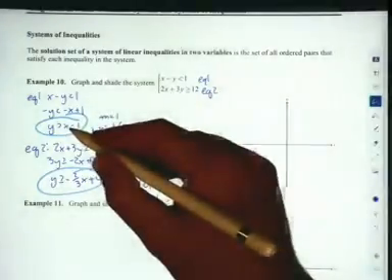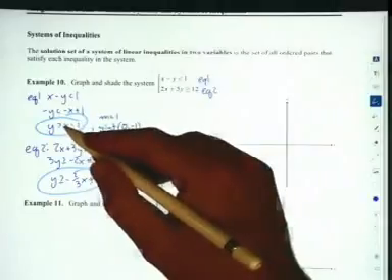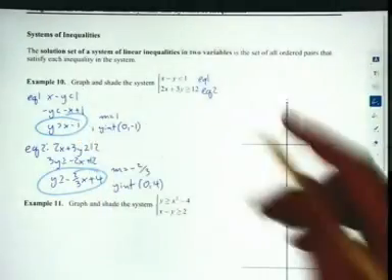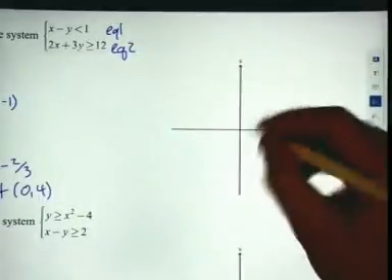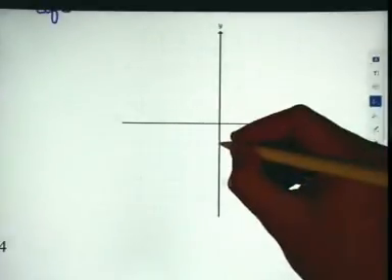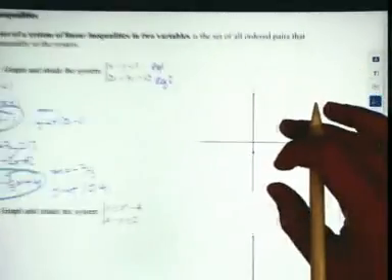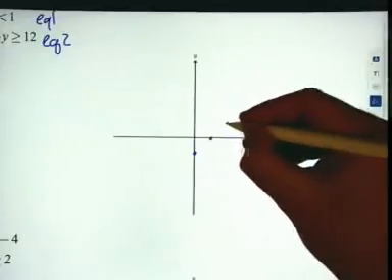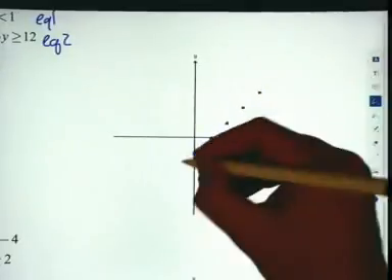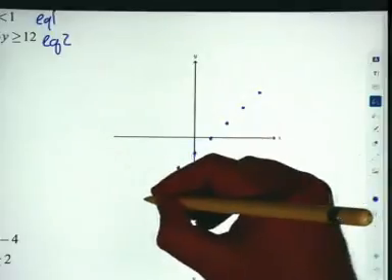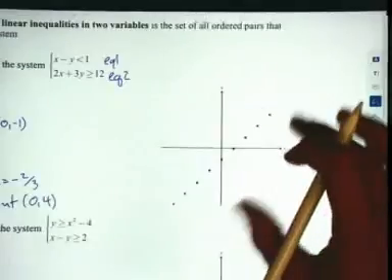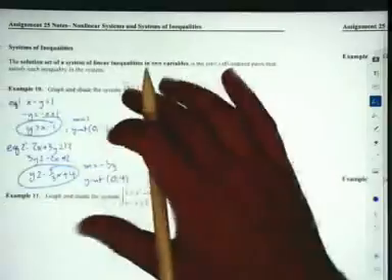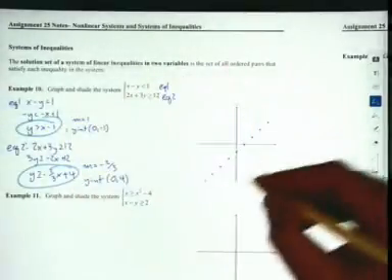First line, y is greater than x minus 1. So we're going to start off at negative 1. And my slope is 1, so we have this up 1 over 1, up 1 over 1 kind of thing happening. Down 1 over 1, down 1 over 1. And we have a dotted line.